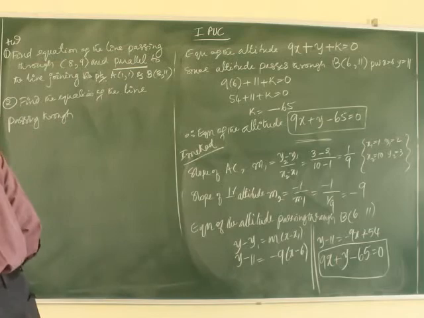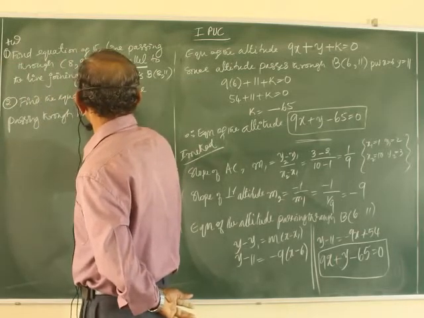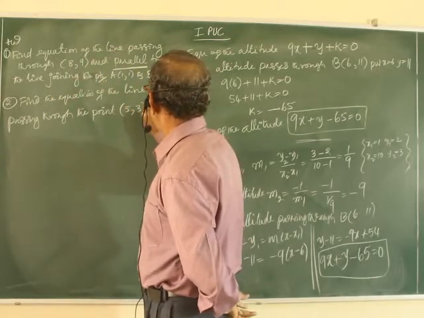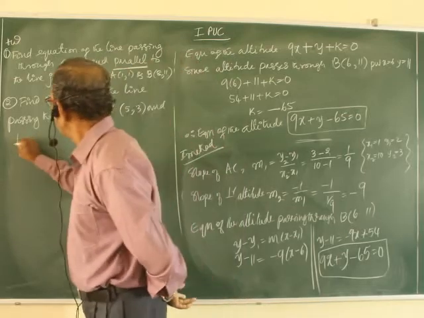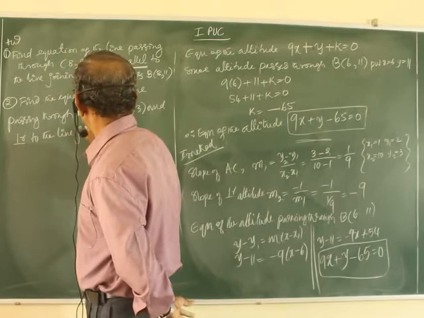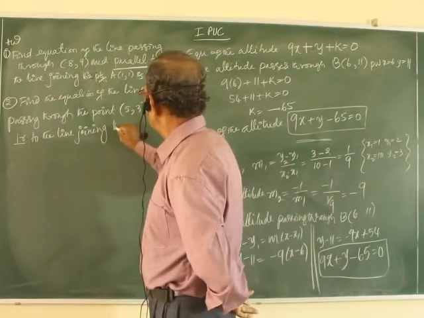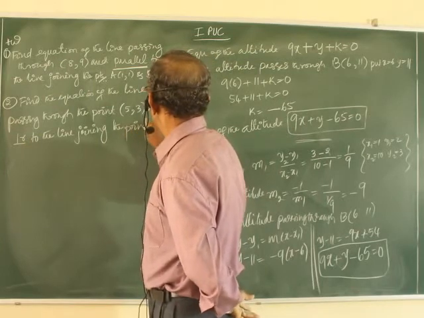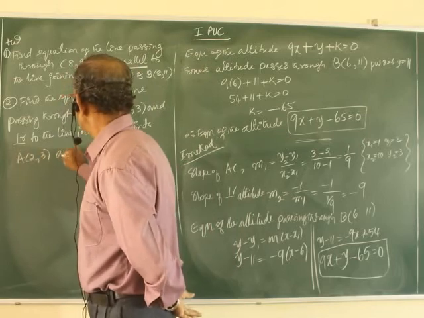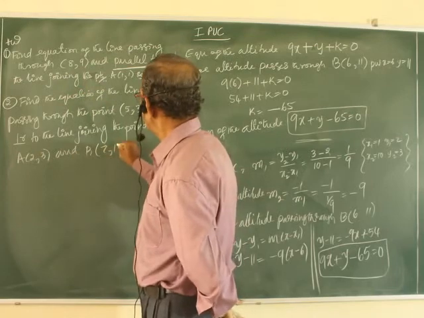Find the equation of the line passing through the point (5, 3) and perpendicular to the line joining the points A (2, 3) and B (7, 10).